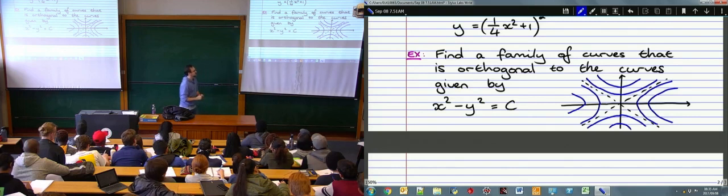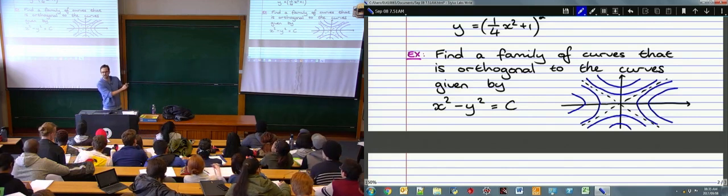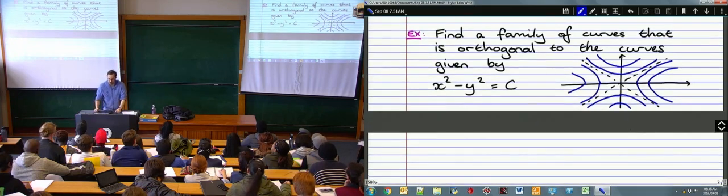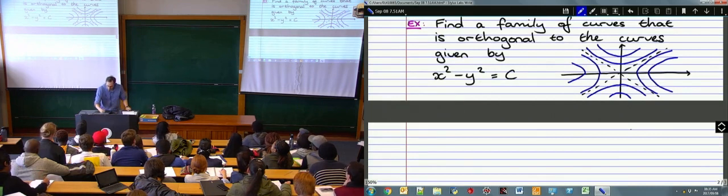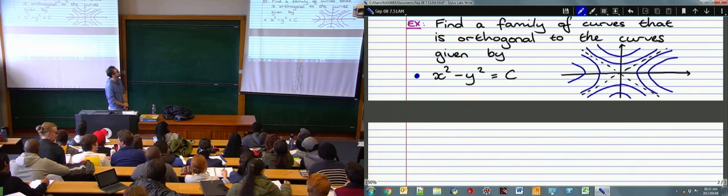Maybe just geometrically you could already make a good guess for what those functions could be. Does anyone want to make a guess? Family of exponential functions. No, exponentials won't work. We'll get to it. We'll see. Okay, so let's try and solve this. So maybe let's just make a note that I drew that family in blue.